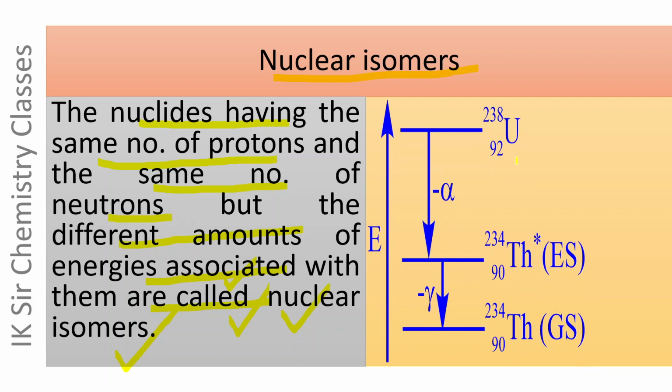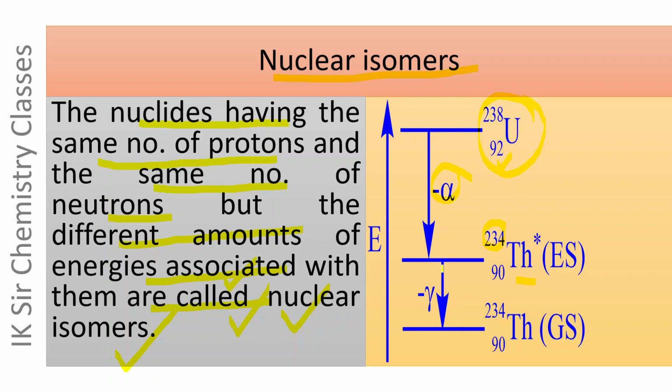Uranium 238 having atomic number 92 is radioactive. It emits an alpha particle forming a thorium nucleus with mass number 234. This nucleus has slightly higher energy than normal condition.